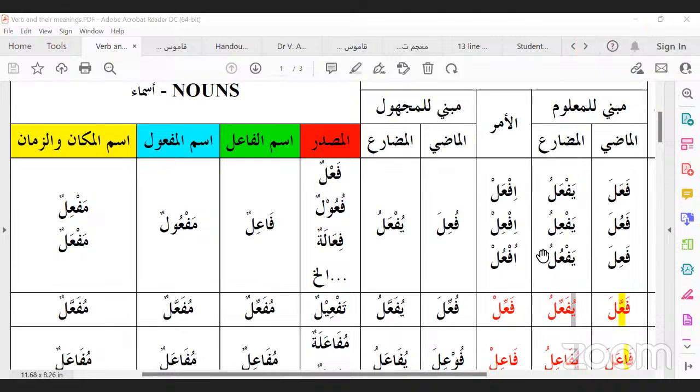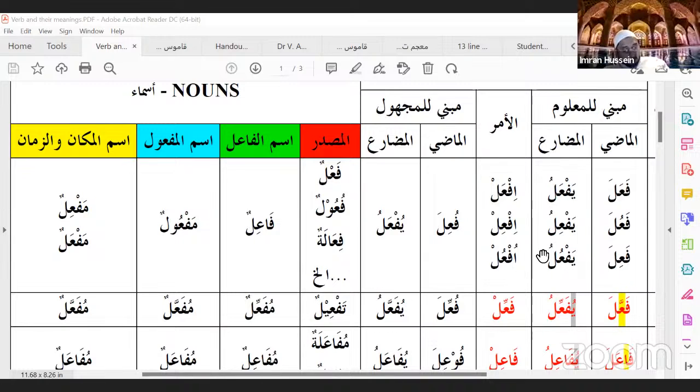So we have to learn our different babs. They're important. Just memorize the 16 and that's it.